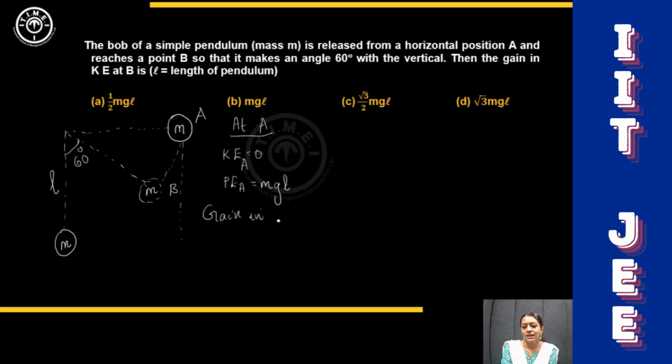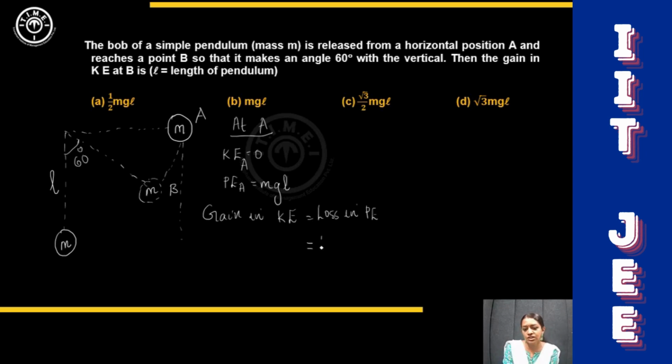Gain in kinetic energy will be equal to the loss in potential energy. If you consider the motion of the pendulum bob from point A to point B, the kinetic energy is increasing and potential energy is decreasing. That is clear. And according to law of conservation, we can say that the loss in potential energy will be exactly equal to the gain in kinetic energy. So here the question is to find the gain in kinetic energy upon reaching point B. So that will be equal to the loss in potential energy.